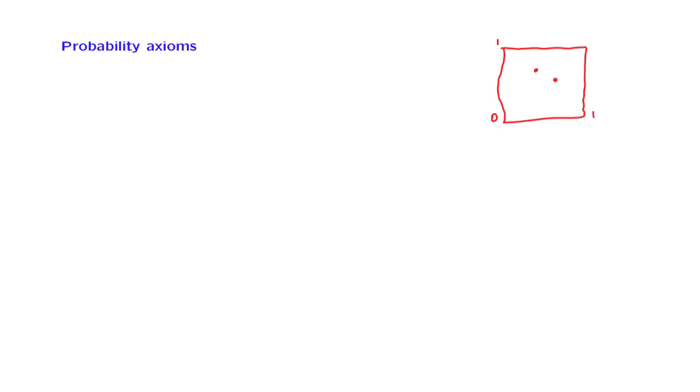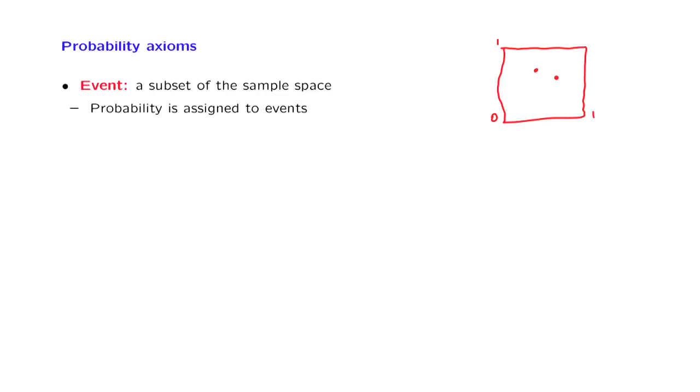For this reason, instead of assigning probabilities to individual points, we will instead assign probabilities to whole sets, that is, to subsets of the sample space. So here we have our sample space, which is some abstract set omega.